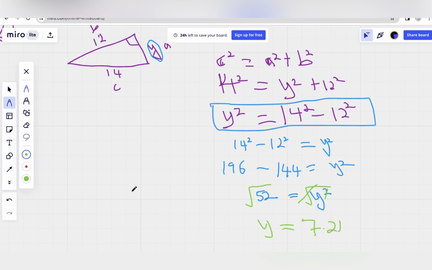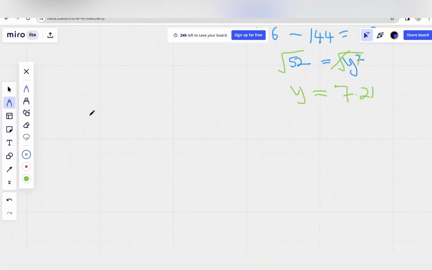Okay, question number 3. We draw the diagram. So if we have this, we have this 90 degree here, and then also here.